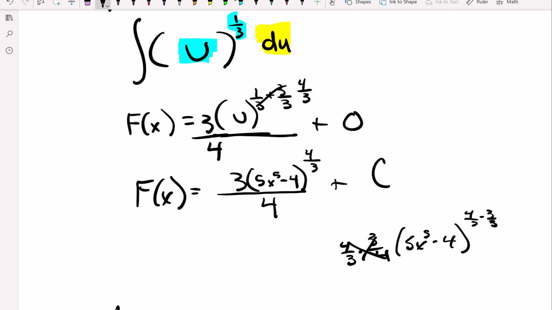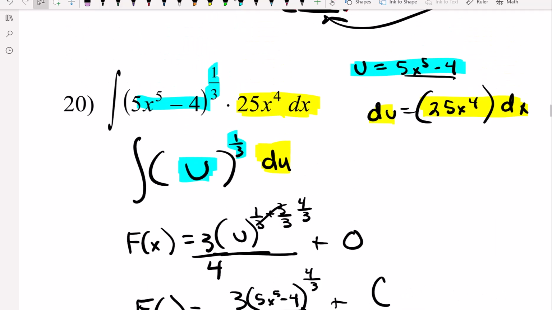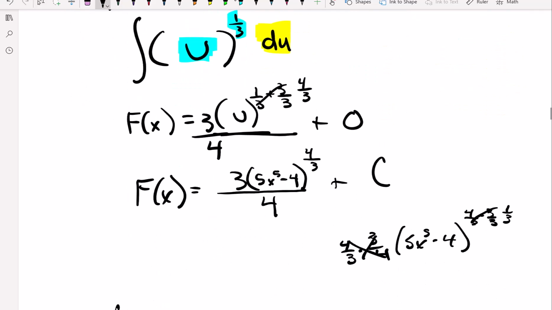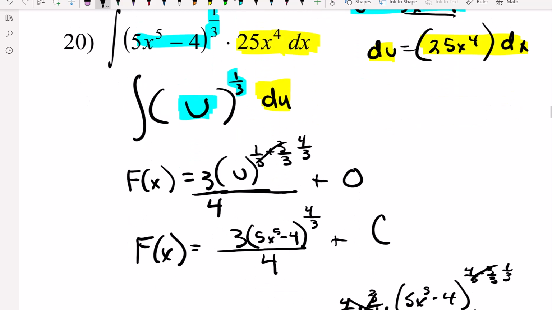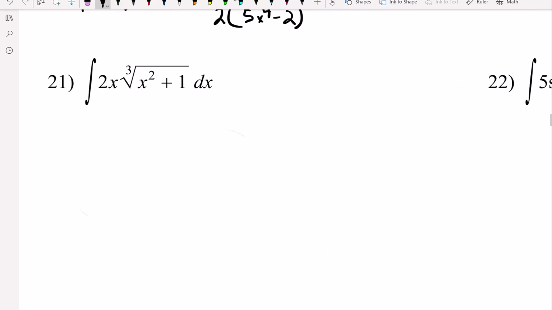Subtract, that becomes the 1/3 power. Ta-da! And then you take the derivative of this, so this becomes 5x to the fifth, subtract 4 to the 1/3, times the derivative of 5x to the fifth, which is 25x to the fourth, which is what that is right there. All right, let's keep going.